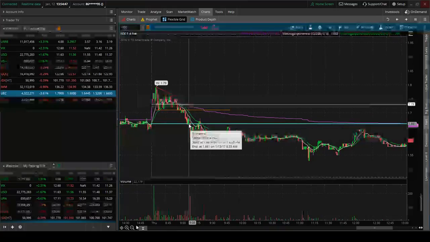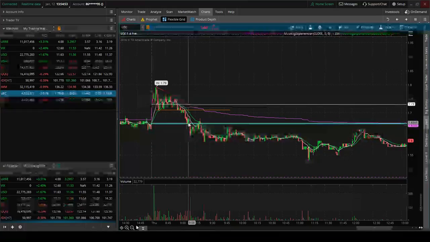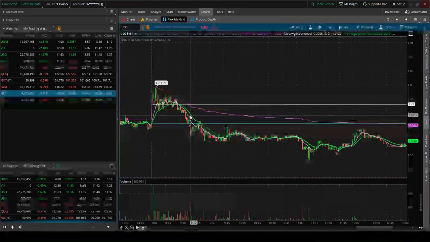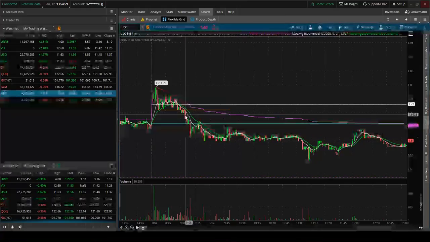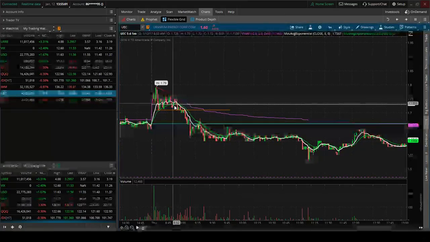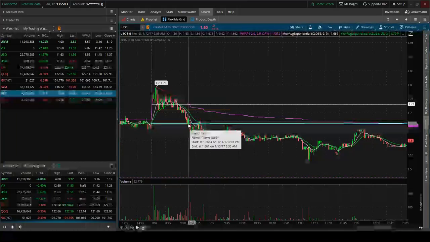Now, I did sell part of my position at prior close, around 166, because I did see a lot of bids stacking up. The worst thing you want to do is have a trade go in your favor and then bounce back to your opening position. That's the worst feeling. So it's always important to take some profits when you get reasons to.